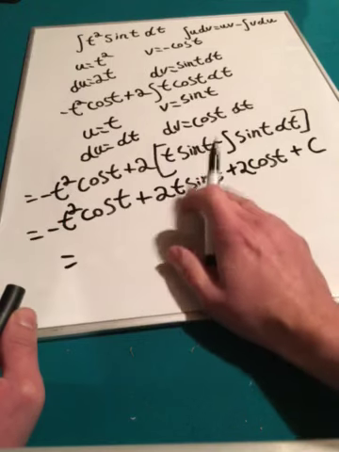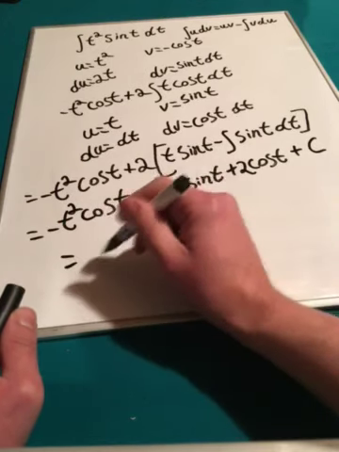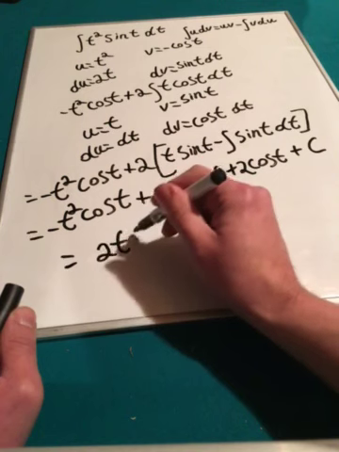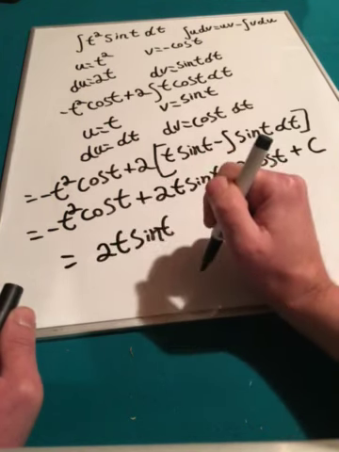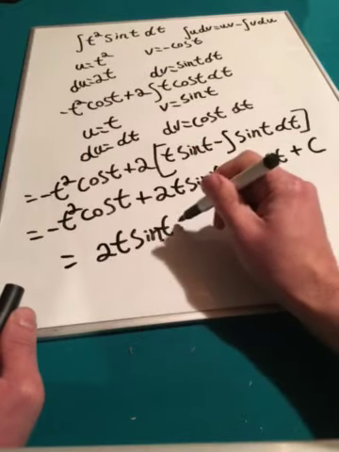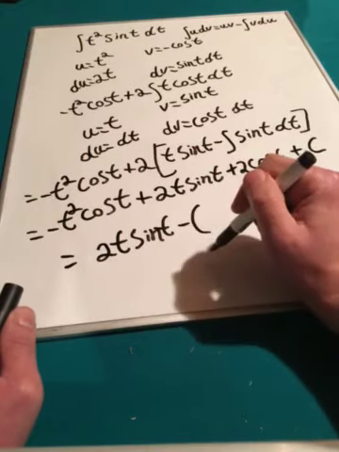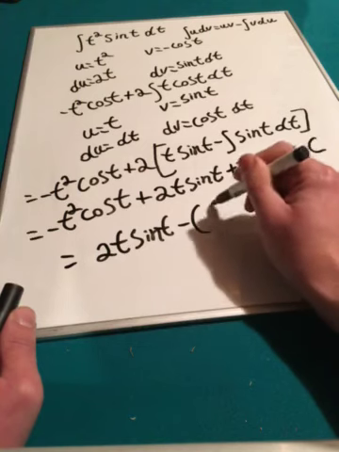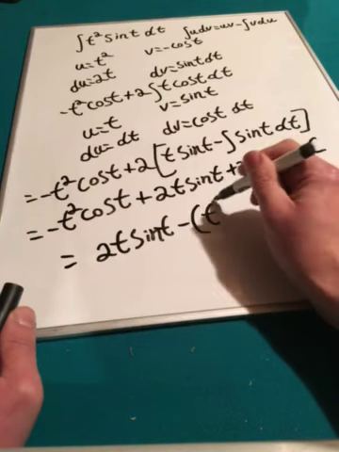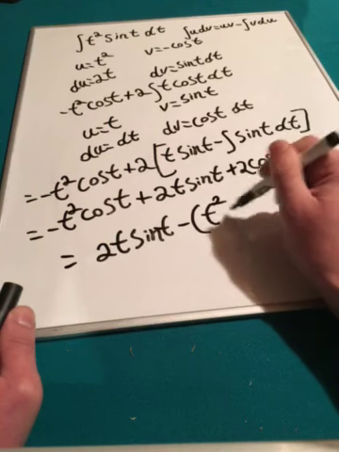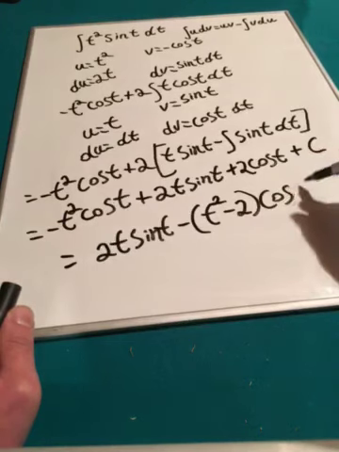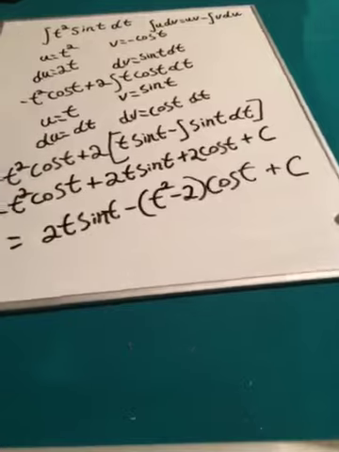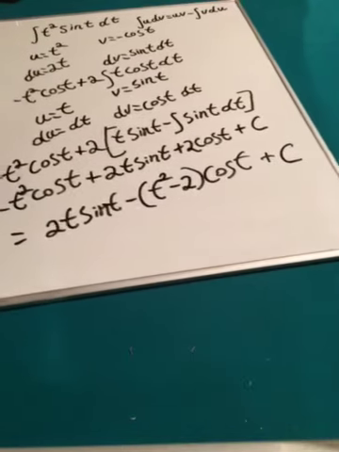So I could pull this 2t sine of t out front and say this is equal to 2t sine of t, and then if I factor out the negative sign here too, we have a minus, and then t squared minus 2, times cosine of t, plus C. And there you can see the whole thing. There it is.